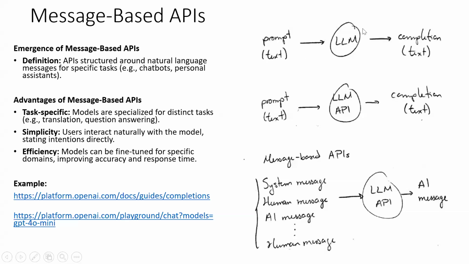We give some text as an input and we get text as an output. So this is our basic vanilla large language model, right? Any model, when given some input, will generate output. Now what these LLM providers have done, for example Google or OpenAI, they have created another layer or abstraction on top of the LLM, which is called the LLM API.